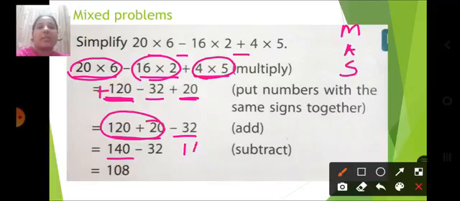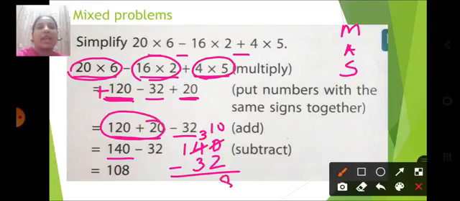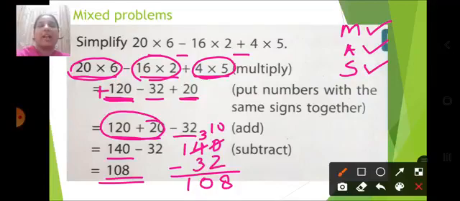So when we subtract 32 from 140, what will we get? Here we have to borrow, and this will be 3. So 10 minus 2 is 8, 3 minus 3 is 0, and 1. So the answer will be 108. Okay children. So whenever you are solving a mixed problem, first of all you will multiply, then you will add, and lastly we will subtract. Okay.